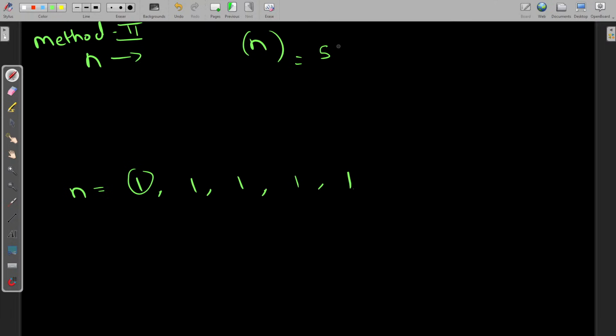Initially all 5 ones were together in this form, 1 plus 1 plus 1, and at some point some of these numbers might have separated from the other numbers. These 3 might have separated from these 2 at some point, and that is what we have to calculate, right?